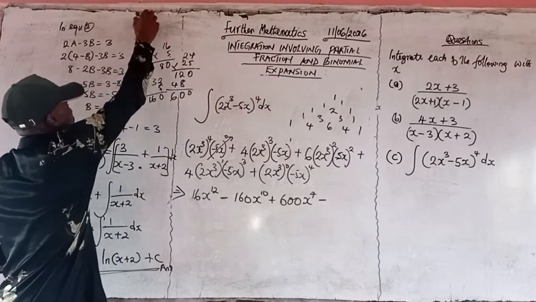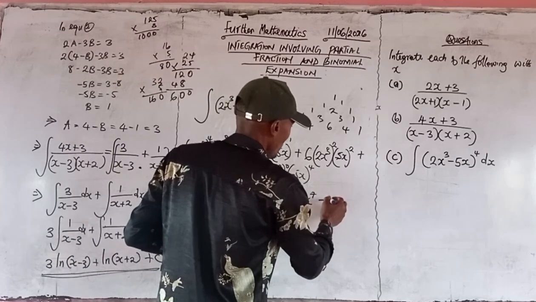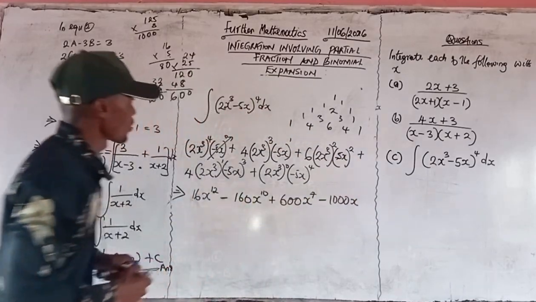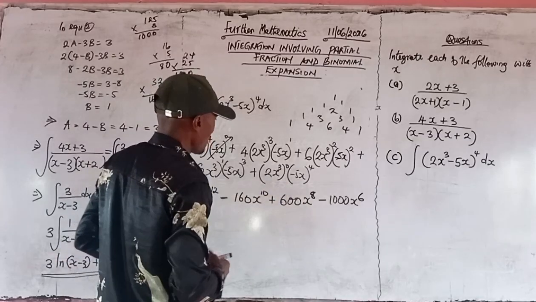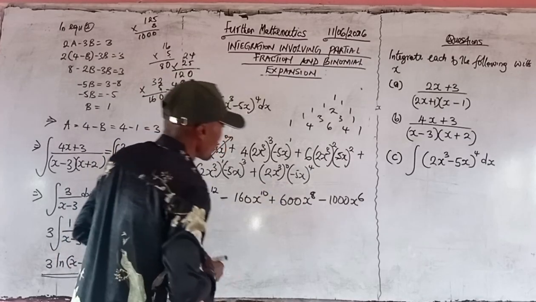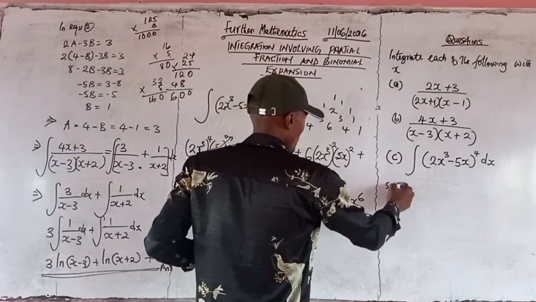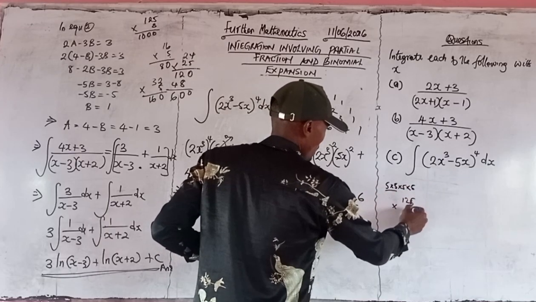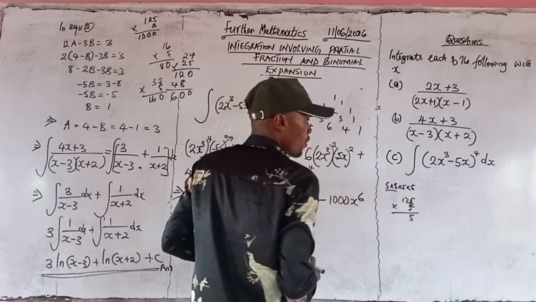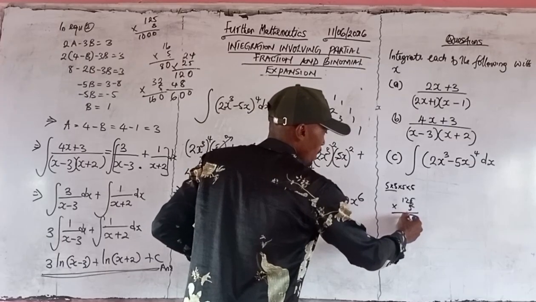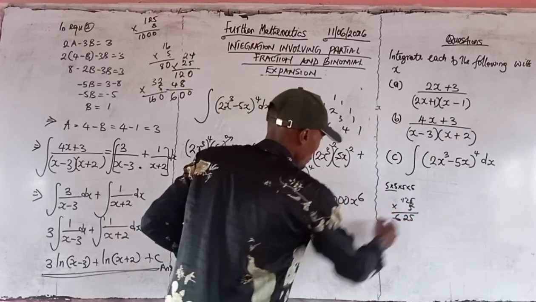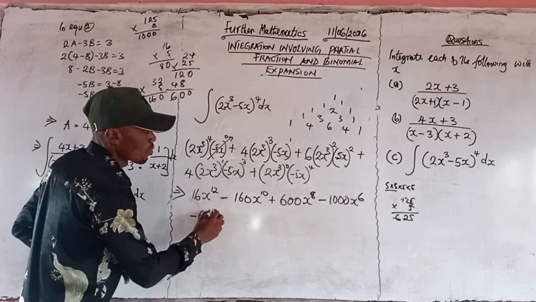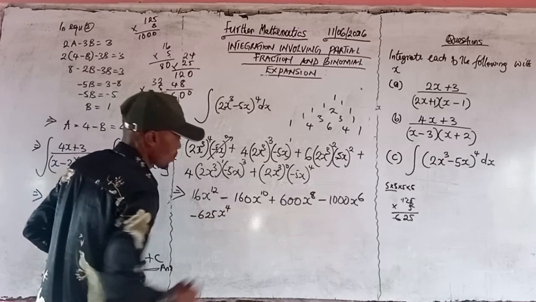So we have that as 1000 x to the power 6. Then the last is 1 times this, and that will give us 5 times 5 times 5 times 5, that is 625, so this is minus 625 x to the power 4.